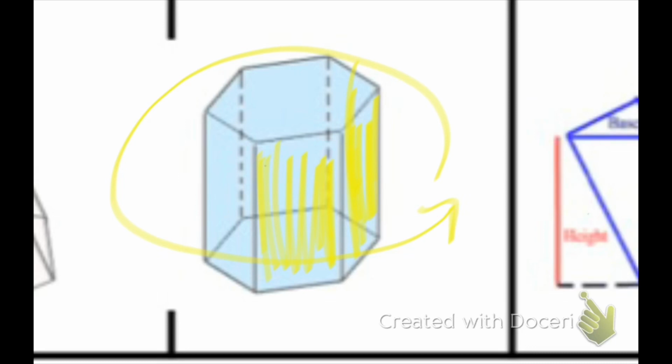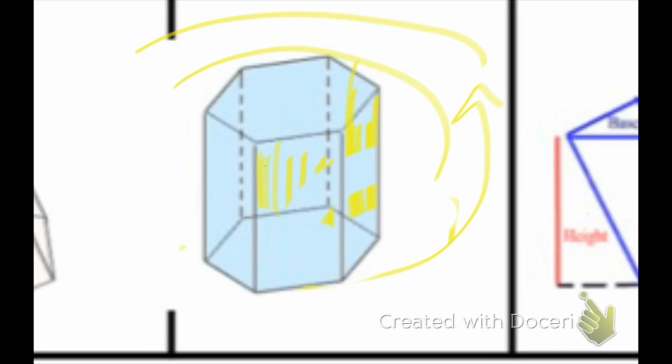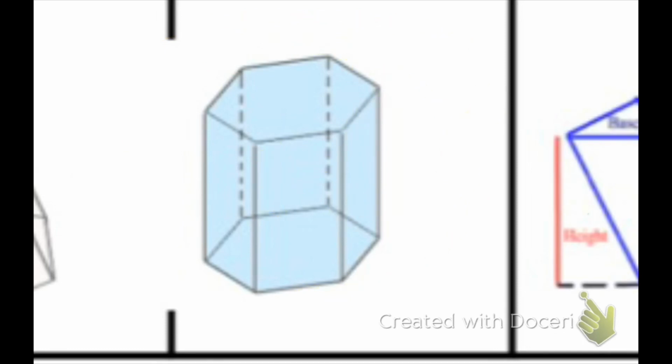So lateral area is just the area going around the side of my prism. Now the surface area is where I take the lateral area, the area going all around the side, plus both bases. So the surface area is the total area on the surface, just like it sounds. The total area on the surface of your shape.